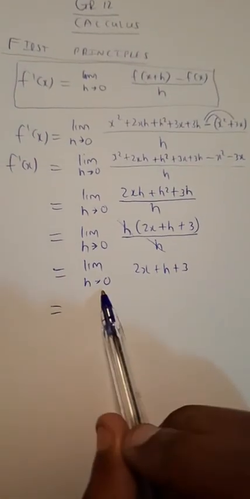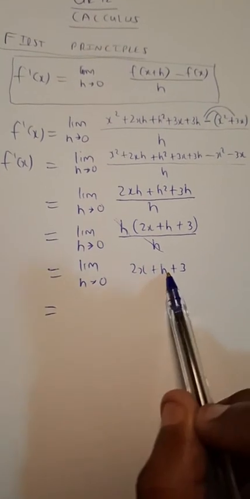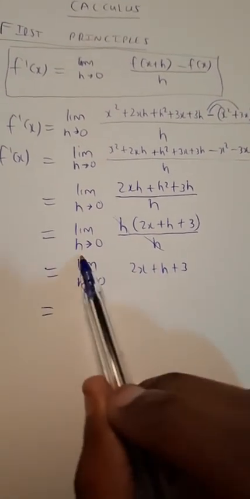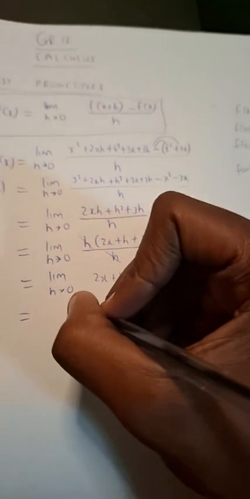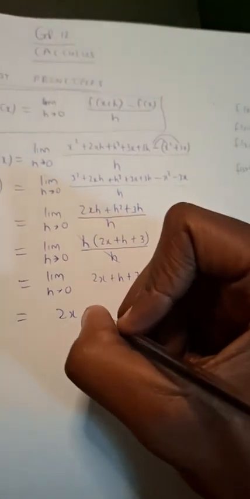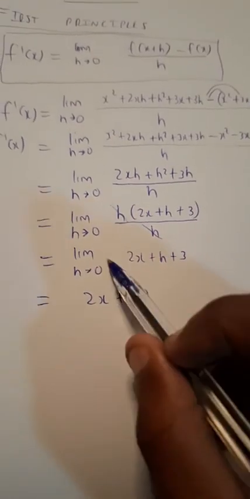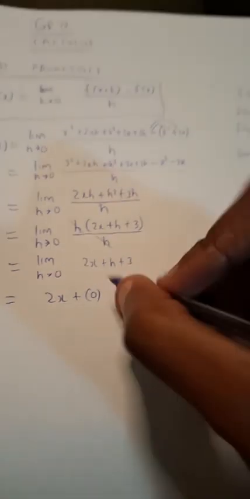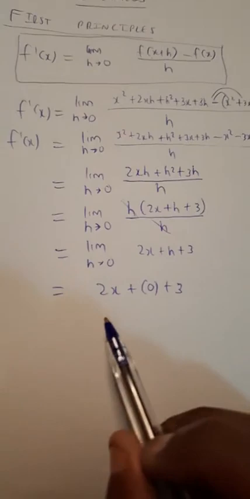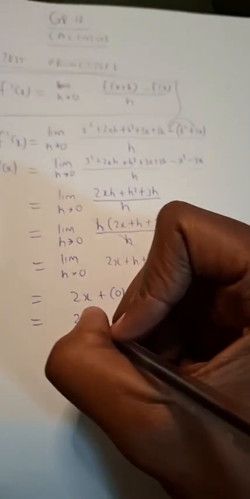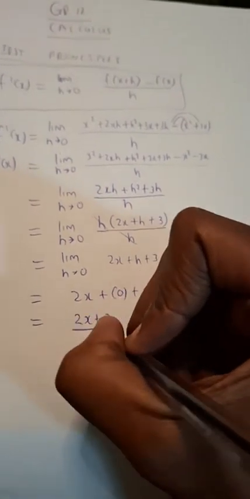All we now then can do is that the limit as h approaches 0, now we can substitute. We drop the limit as h approaches 0, and then we substitute into the h, the 0. When we do that, this falls away, very important, and we are left with the expression 2x plus 0 plus 3, which in essence is actually 2x plus 3.